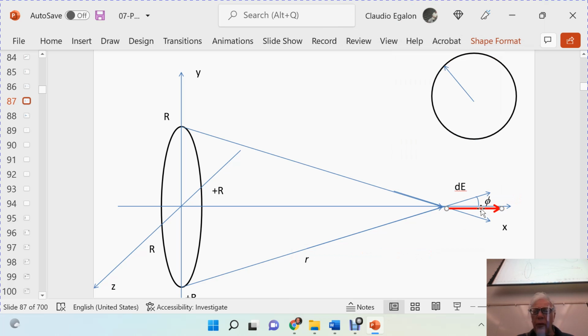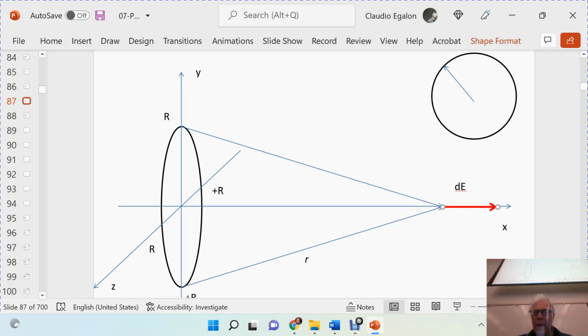Okay, that's the net field here. The contributions of every infinitesimal charge throughout the ring at that spot.